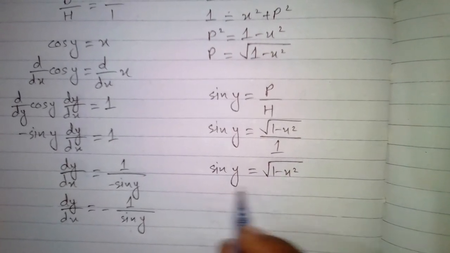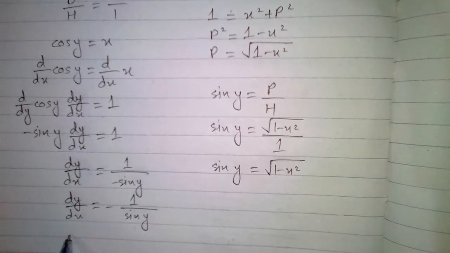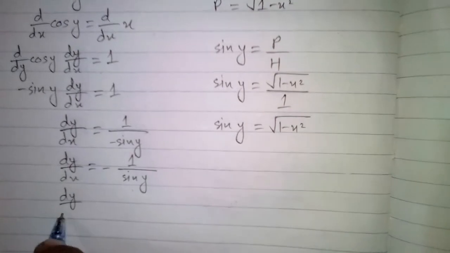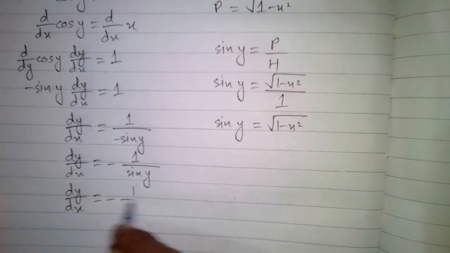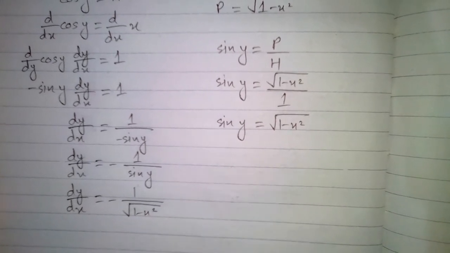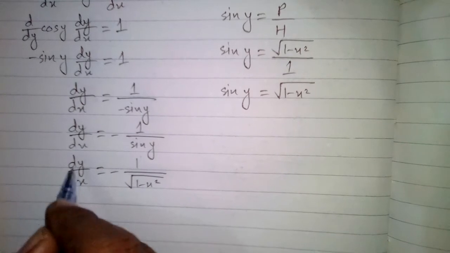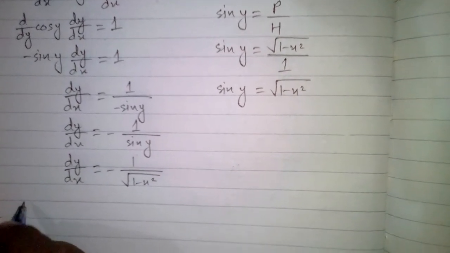Now we will put the value of sin y, which is square root of 1 minus x square, over here. So we get dy by dx is equal to minus 1 upon square root of 1 minus x square, and y is equal to cos inverse x.